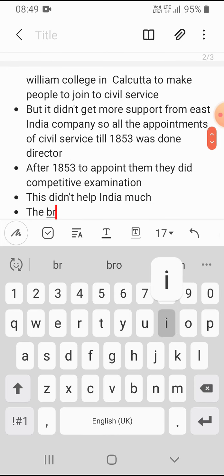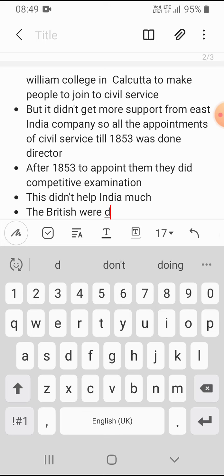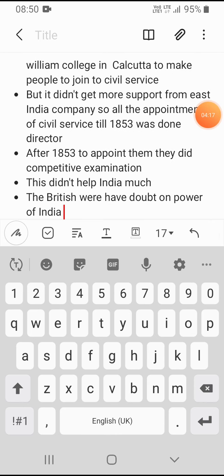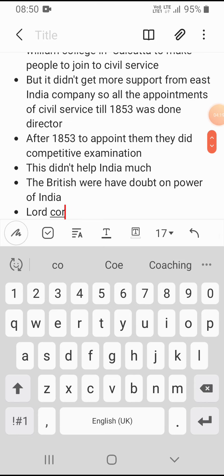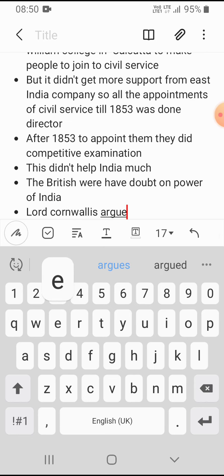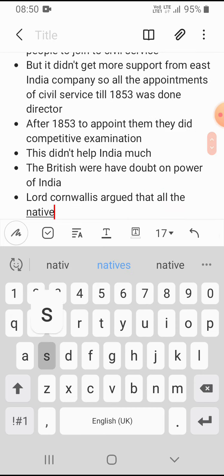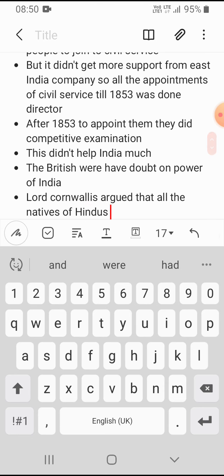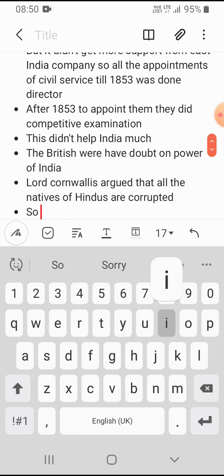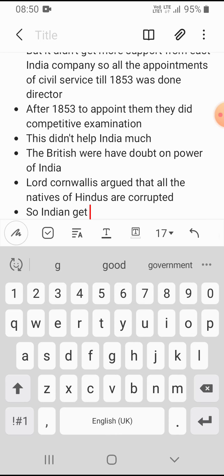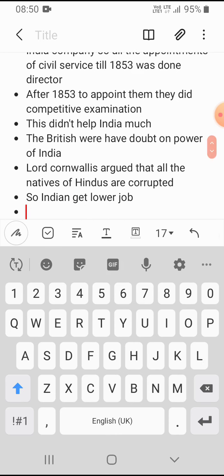The British had doubt about the power of India. Lord Cornwallis argued that all the natives, the Hindus, are corrupt, so Indians got lower jobs, small jobs.